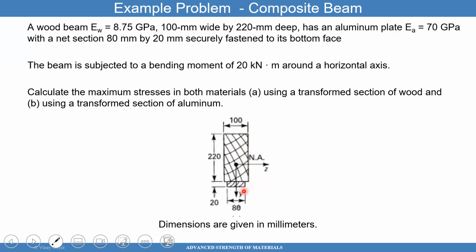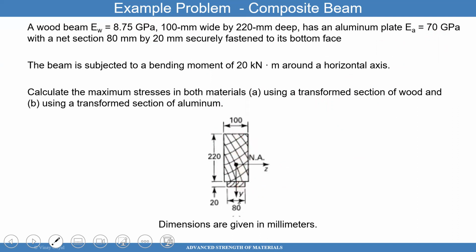We also then have an aluminum plate at the very bottom, which has a modulus of 70 gigapascals. So very two disparate moduli, and it has a section that's 80 by 20. They want to ask us, where's the highest stress for each of these materials?